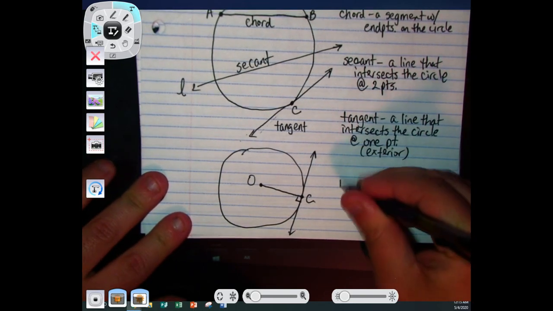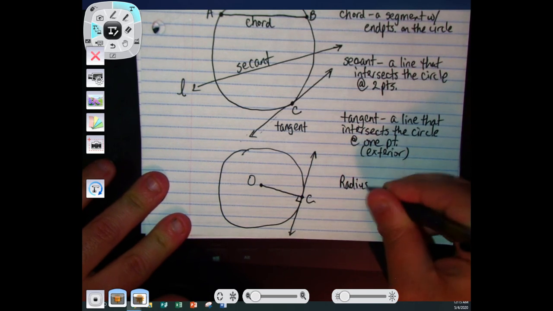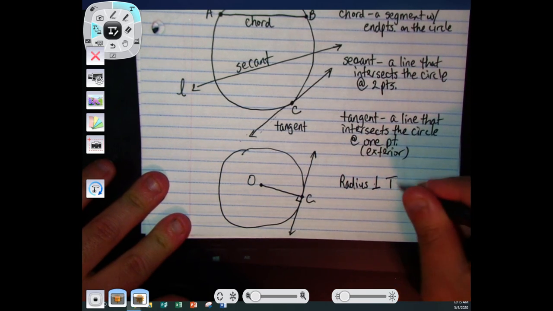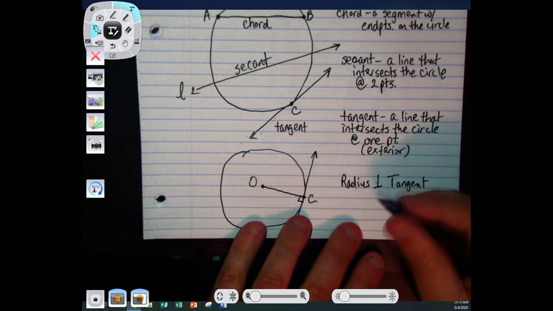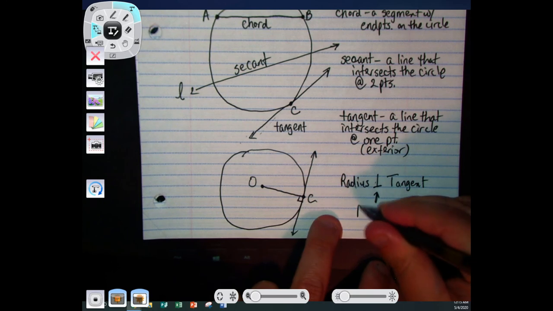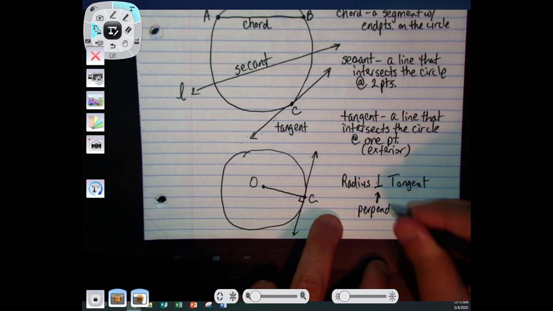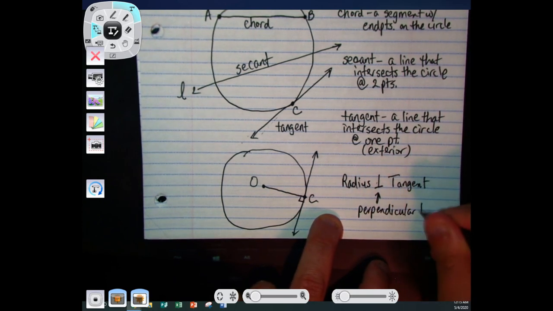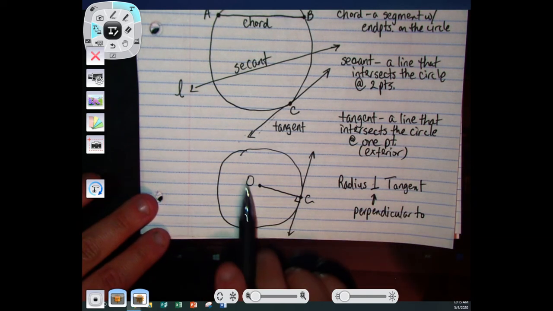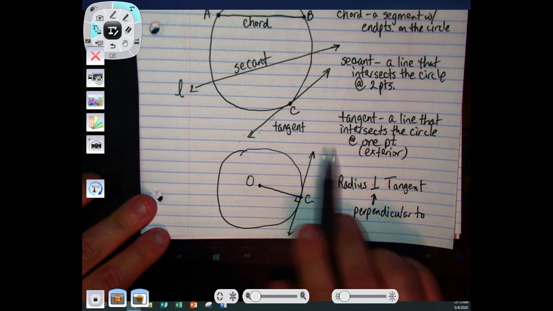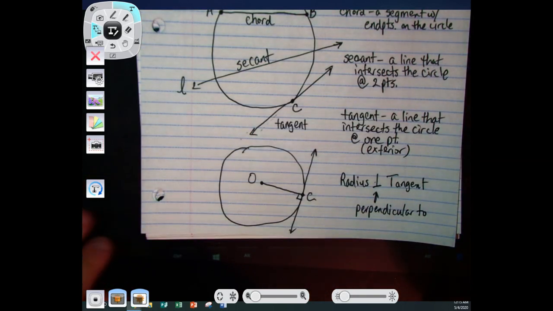And for those of you that haven't seen this symbol for a while or don't remember what it looks like, remember that this means perpendicular to. We talked a lot about perpendicular. Remember, perpendicular means that it intersects and forms a right angle. So here we can say that the radius of a circle is perpendicular to the tangent of the circle.